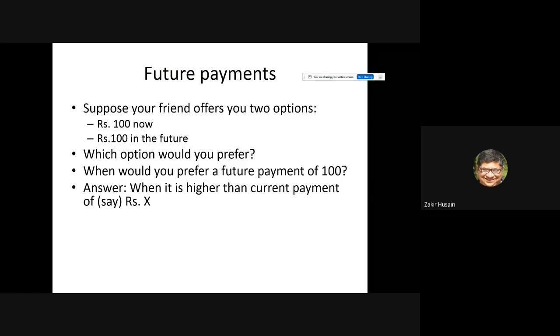If he says, okay, I'm giving you 10 rupees now and 100 rupees in the future, you will obviously go for the future payment. But if he says, okay, I'll give you 99 rupees now or 100 rupees in the future after 1 year, will you prefer the 99 or will you prefer the 100? So 99.